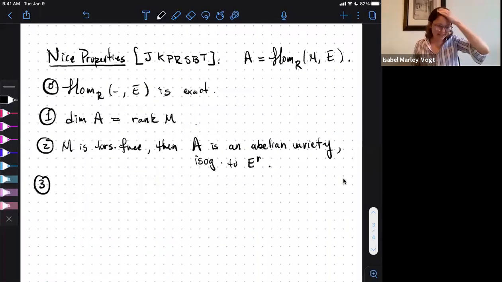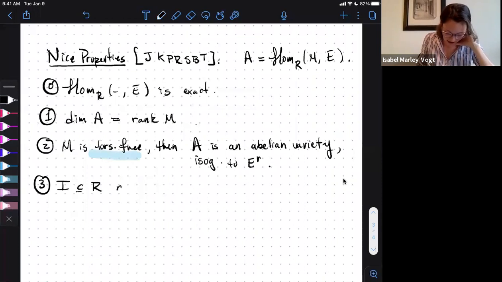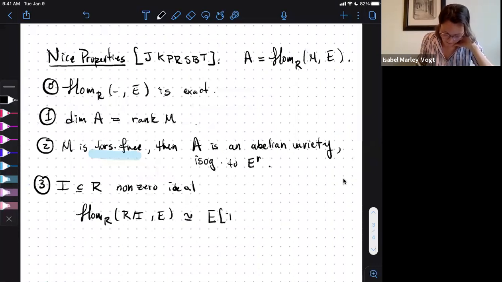Okay, furthermore, we can say a little bit about what sort of things we get for certain nice torsion-free R-modules. So if I in R is a non-zero ideal, then this fancy Hom of R mod I into E is isomorphic to this kernel group scheme, E bracket I, which just means the intersection over elements of this ideal of the kernel of that element.